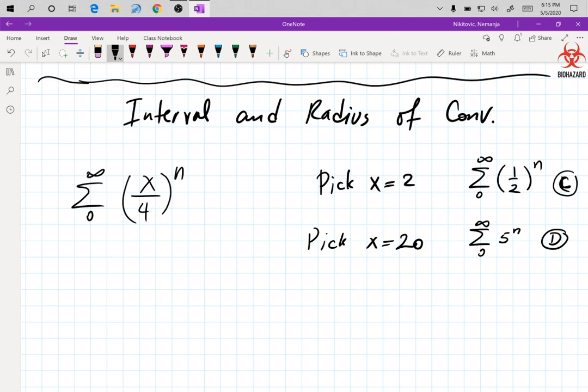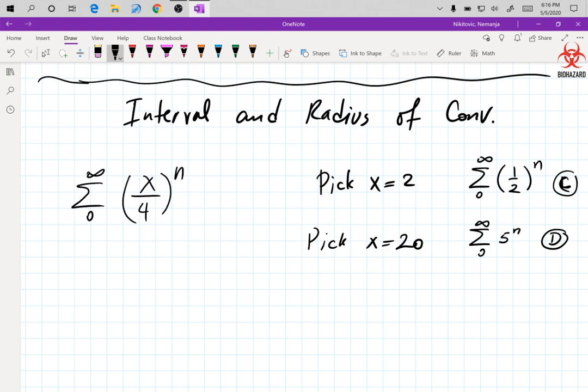So for power series, convergence or divergence of the power series, in the sense of chapter 10, depends on your choice of x. So there are going to be x's, many or one or few, for which the series is going to converge, and then there are those choices for x that will make it diverge, right?